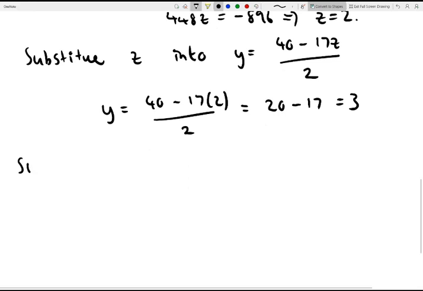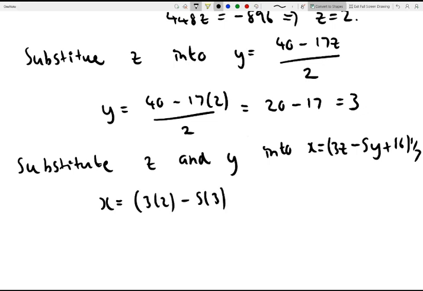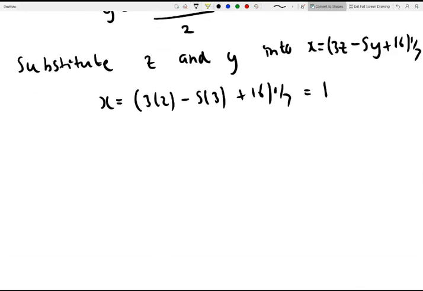And then finally, if we've got z and y, we can substitute z and y into our expression for x, which is 3z minus 5y plus 16 all over 7, and we get that x is 3 times 2 minus 5 times 3 plus 16 all over 7, which is actually 1.